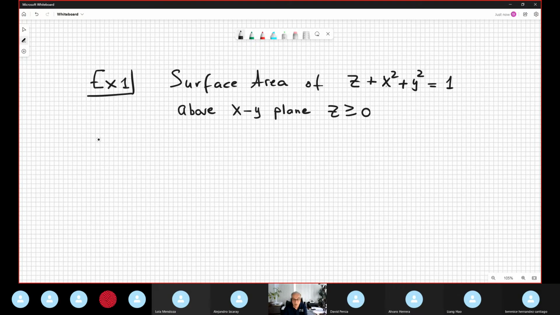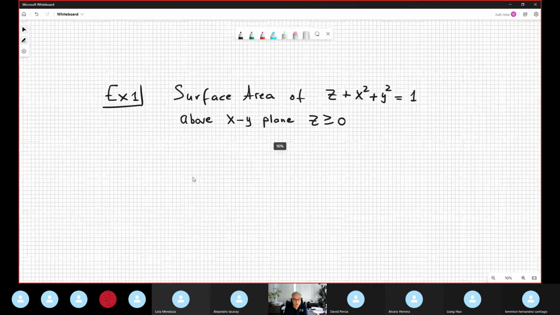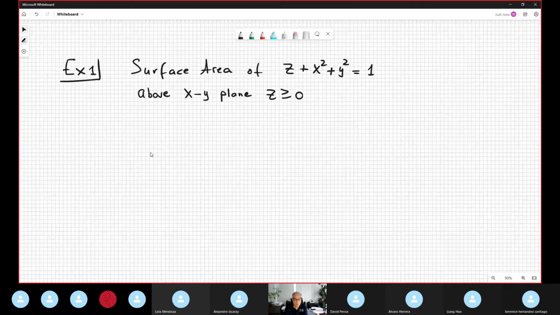Let me try to understand this area, this surface. Well, suppose that you write an explicit form.